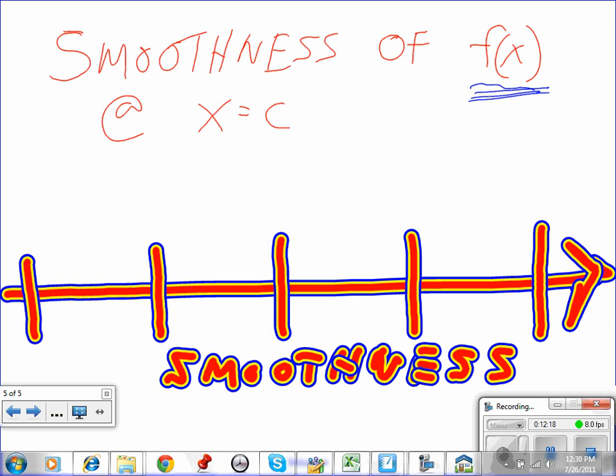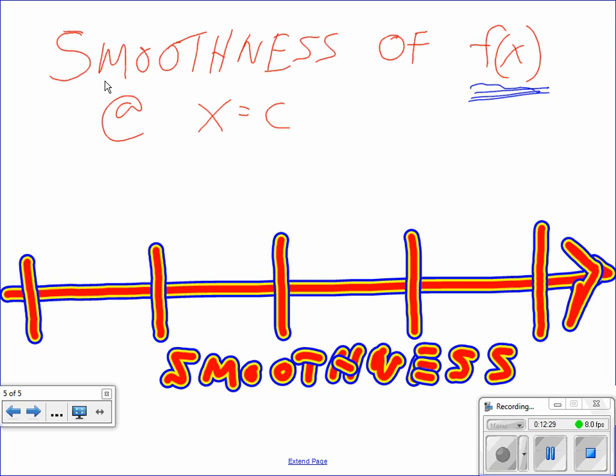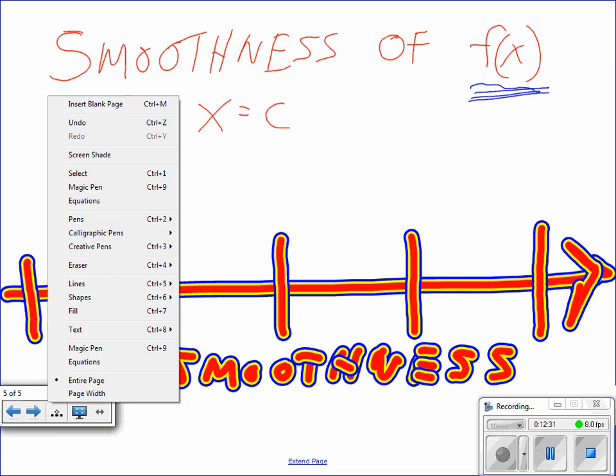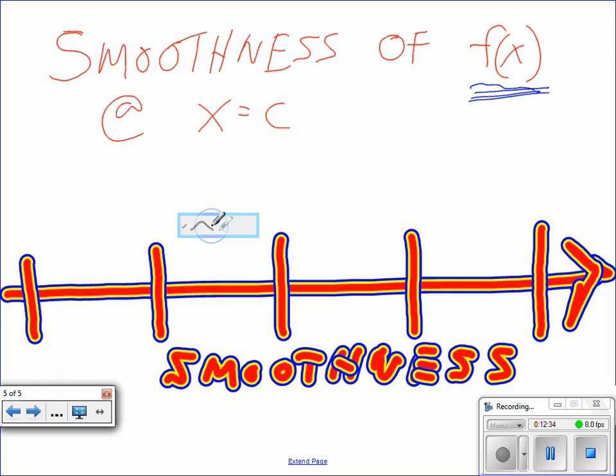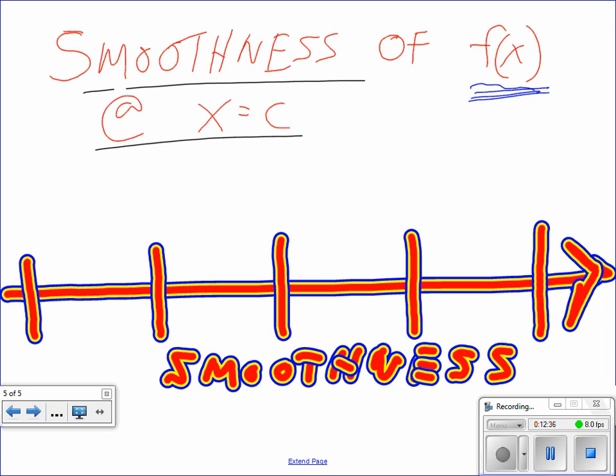Okay, I wanted to briefly tie this concept of a derivative existing back to this little fun drawing I made earlier, where we talked about the smoothness of a function at a point C. Remember, the smoothness range gets smoother and smoother as we go left to right. And if it's this smooth, then it implies it's that smooth. So we start off and we say, well, just to be smooth at all, the limit has to exist.